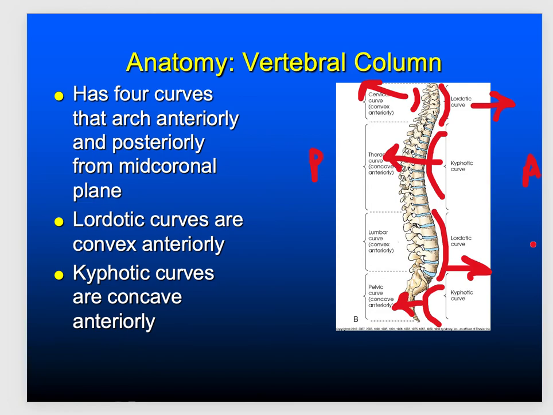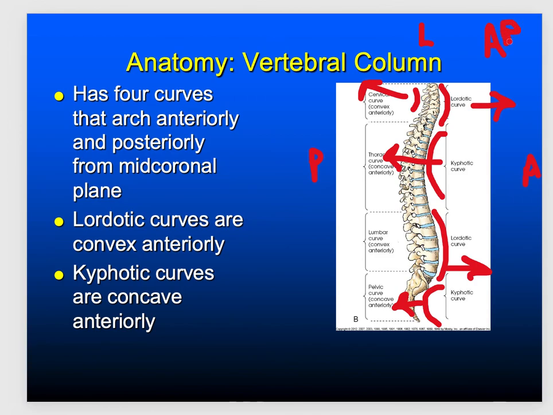Okay, so something to keep in mind is that they may ask you questions as far as looking at this in a lateral position. So what you want to make sure is you know what these curves are if you are looking at the patient in an AP position.